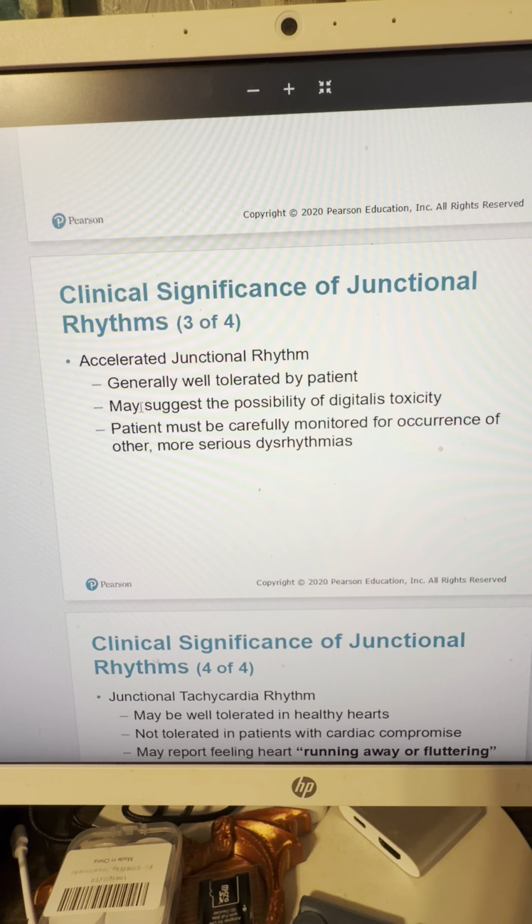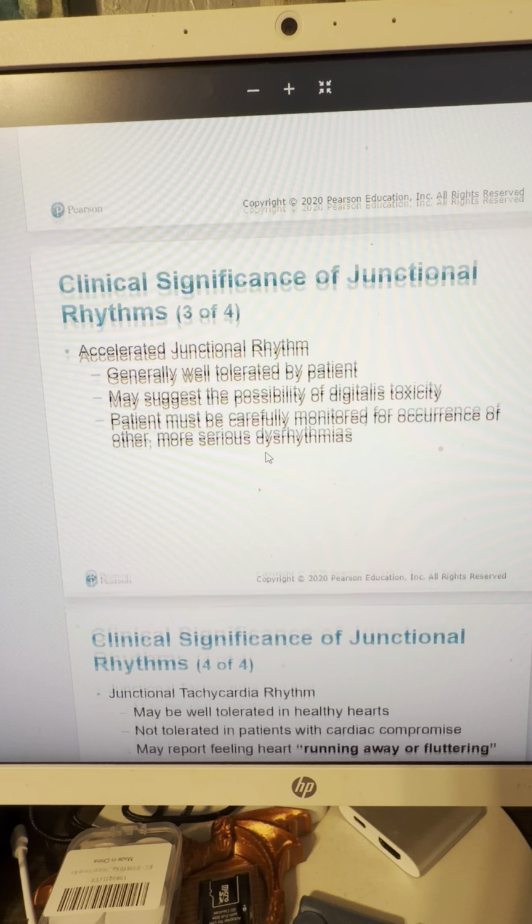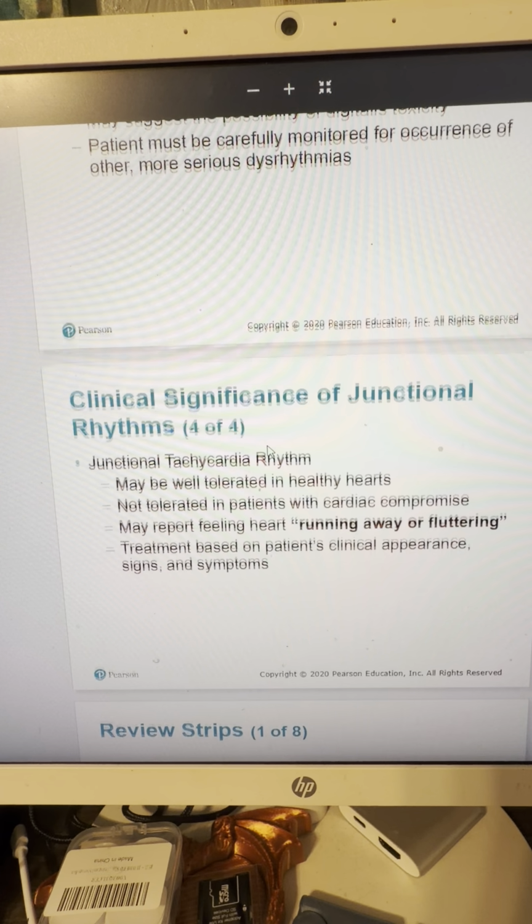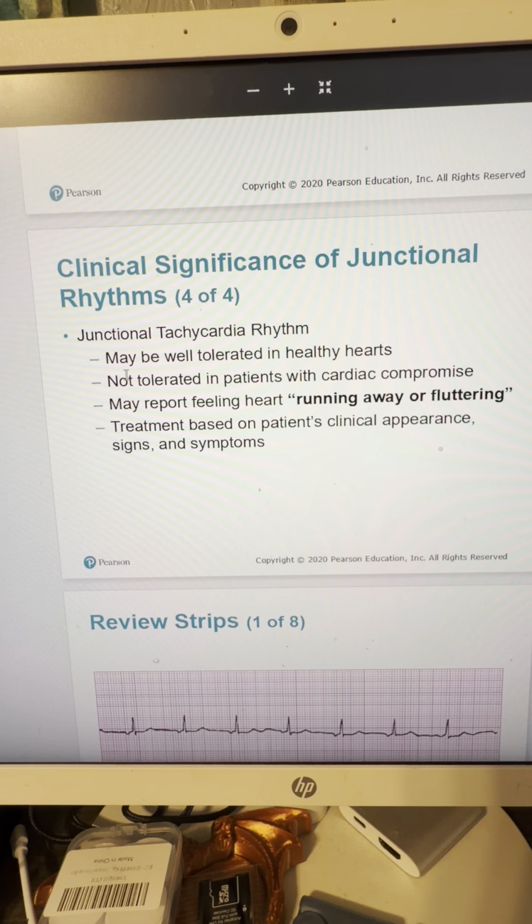Accelerated junctional, this is the one between 60 and 100, usually well tolerated. If they're on DIG, I would go ahead and run levels, monitor the patient, know that this can turn into something more serious and very quickly. Junctional tachycardia, usually well tolerated.